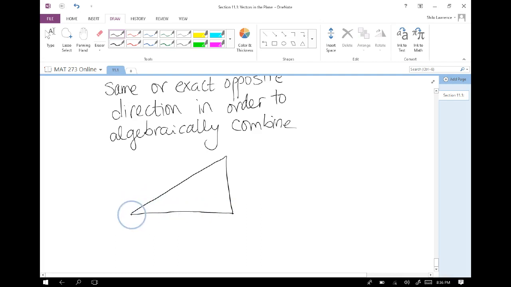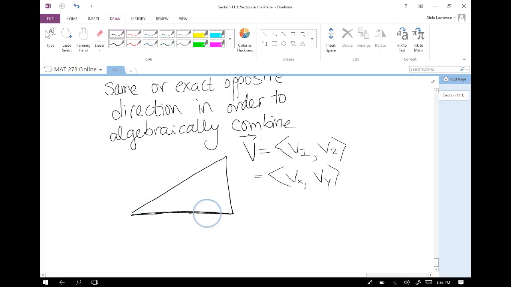If we let this horizontal side of our right triangle represent the x component of our vector, previously we called this v sub 1. It is also often called v sub x. And v sub 2 is often called v sub y.